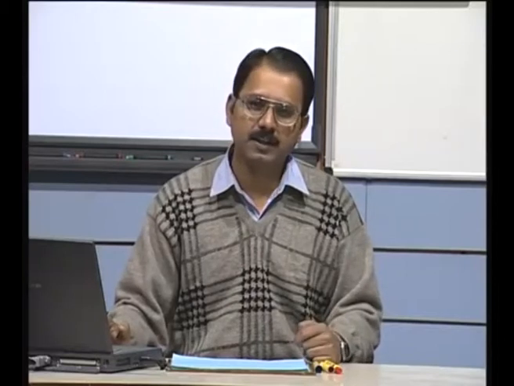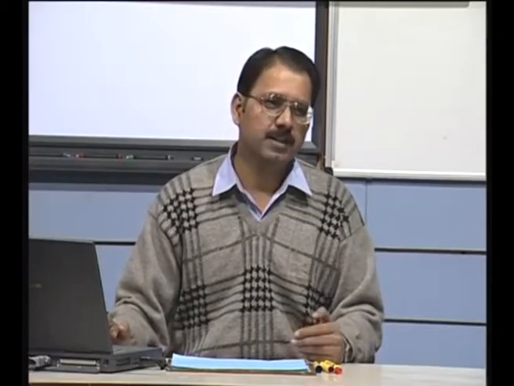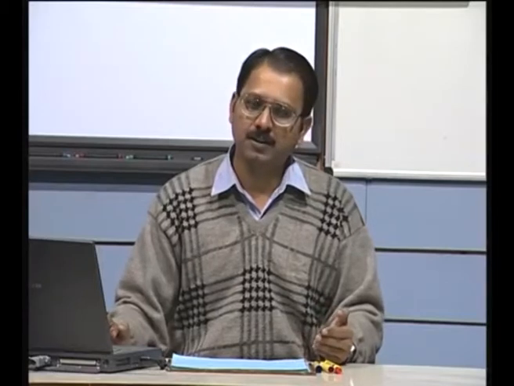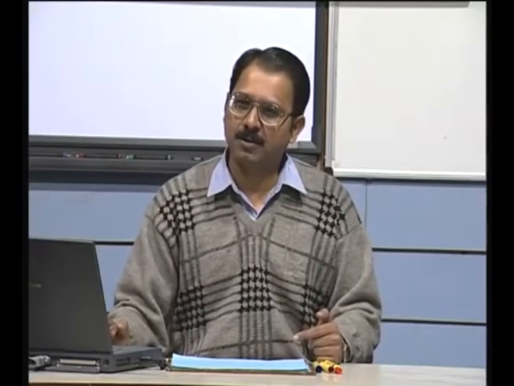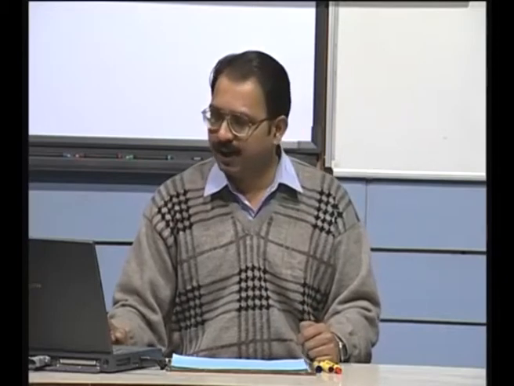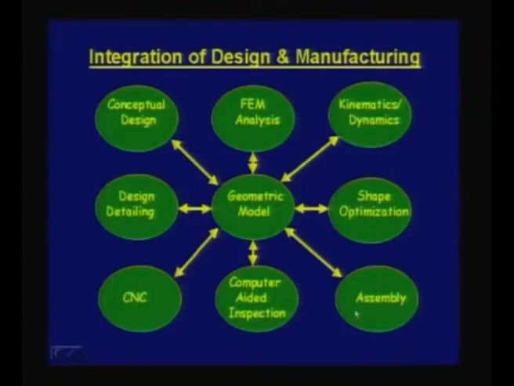For example, when a solid shaft mates with a hollow shaft, you make use of the outer cylindrical surface of the solid shaft and the inner cylindrical surface of the hollow shaft as the two mating surfaces. So, again you are making use of geometry which comes as a part of design. What we really look at here is that geometry evolves as a part of the design process and it is used by the manufacturing process.